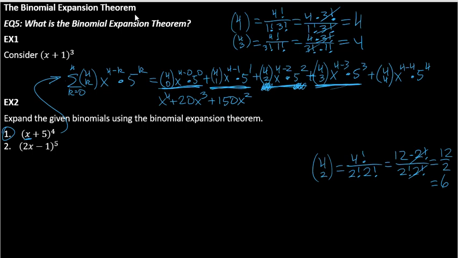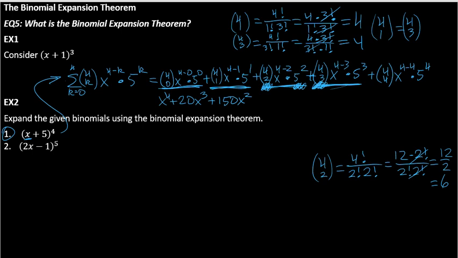We end up with 4. So 4 choose 1 ends up being identical to 4 choose 3. Okay, and you saw an example of that earlier. So my term here is going to be 4 also, here with the 4 choose 3.